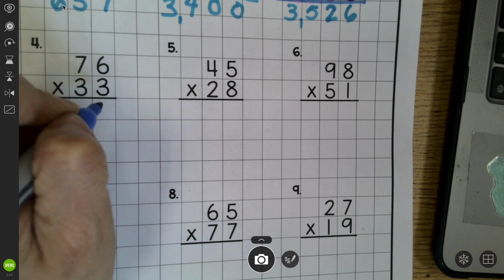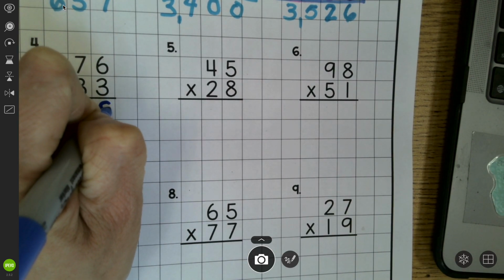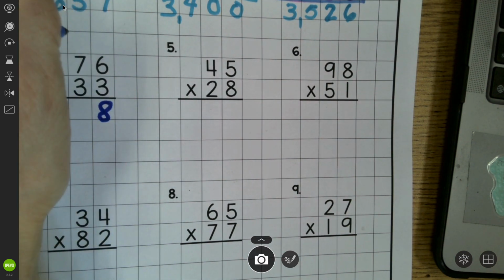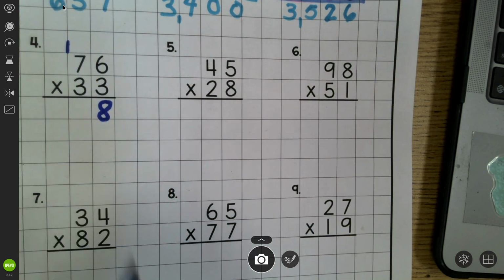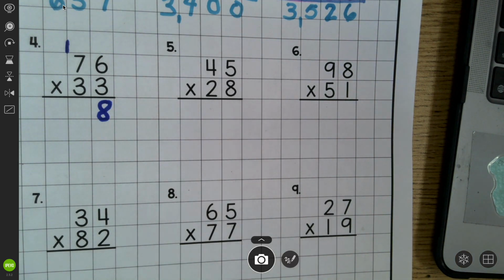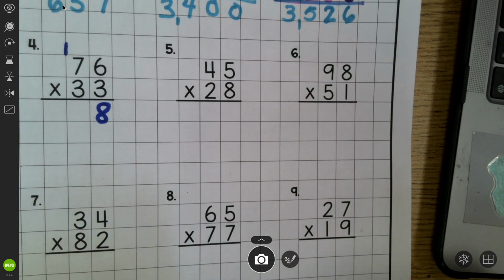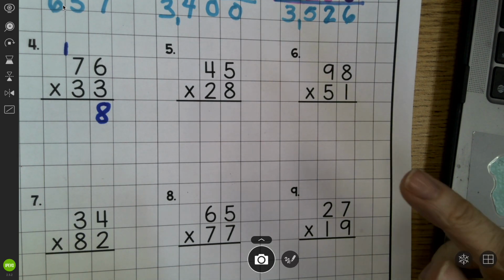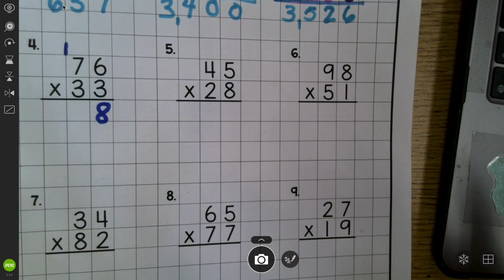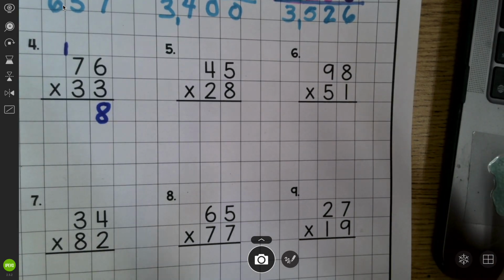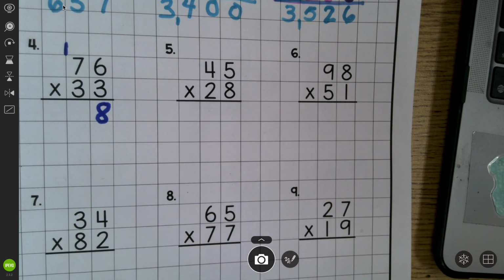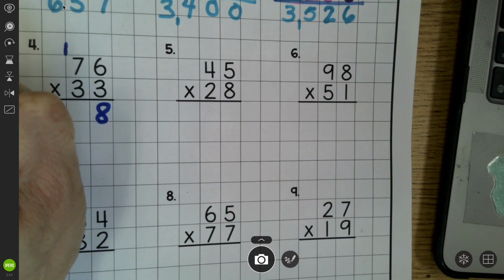In 18, the 8 is in the ones place. So the 8 goes down, and the 1 is in the tens place. I carry the 1. Then I multiply 3 times 7. Here we go. 3, 6, 9, 12, 15, 18, 21. Stop. 21 plus 1 is 22.